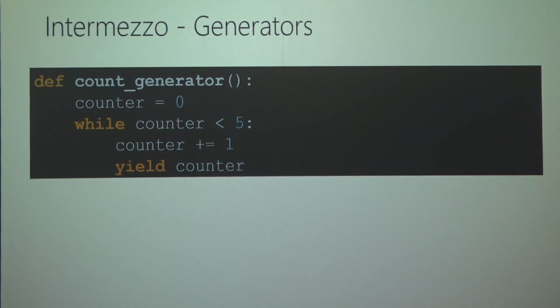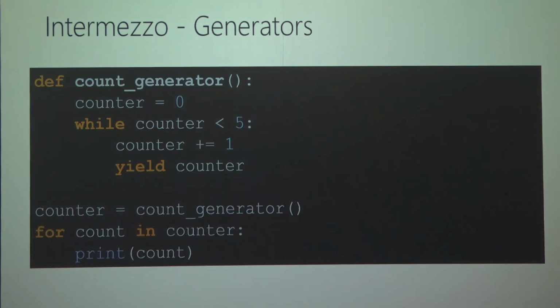So here we start at 0, we add 1 to it, then we yield it, and it returns 1, and then the next time we ask for it, it yields another one. So as you can see here, we instantiate it. I don't know what the right term for it is, but I'll use instantiate, and then we can just use it as a normal iterator, and once we print it, it will print like this.